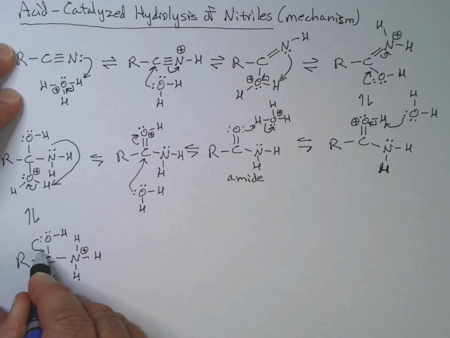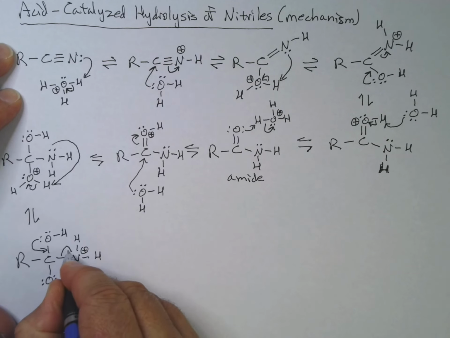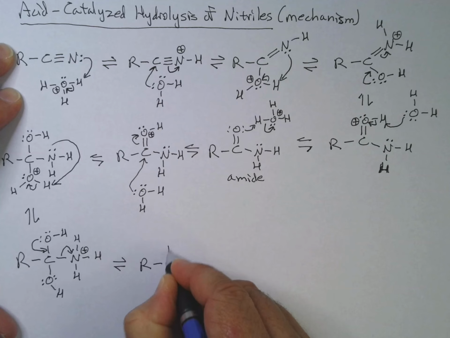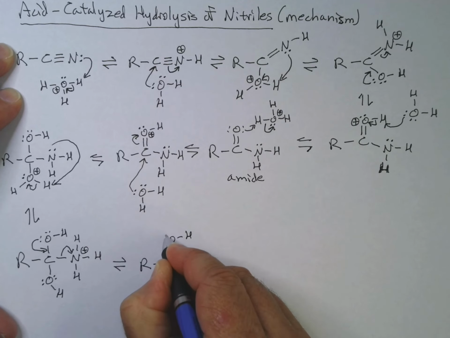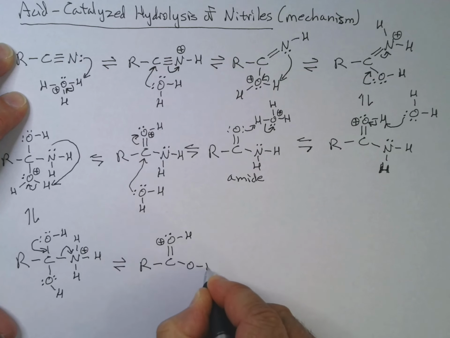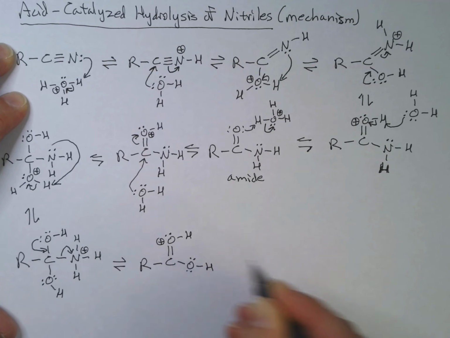Now I can lose my leaving group, RC double bond O, H lone pair, positive charge, OH, and I've got NH3.